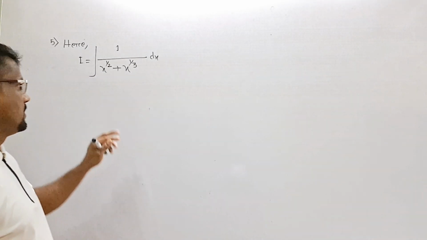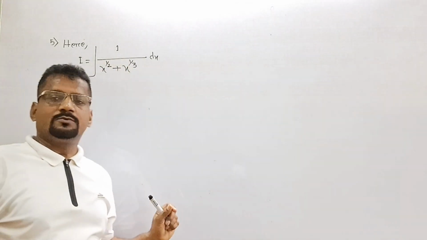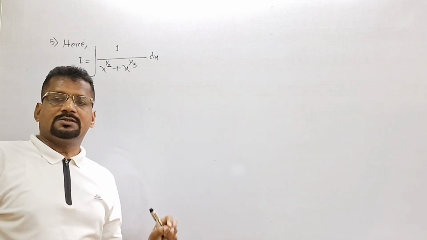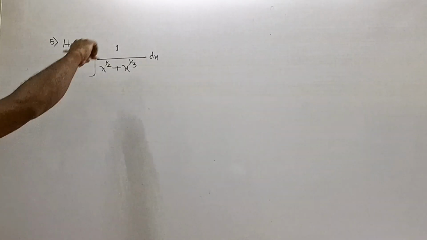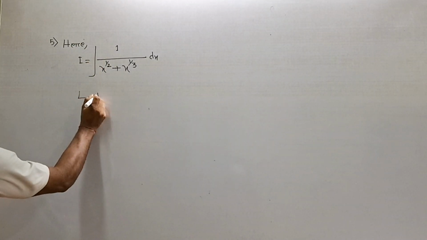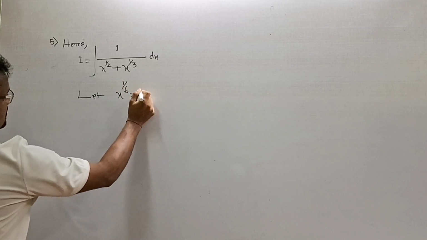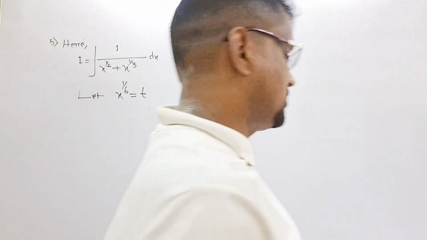You see it is 1 by 2 and 1 by 3. The LCM of 2 and 3 is 6. So you have to substitute, let x to the power 1 by 6 equal t.